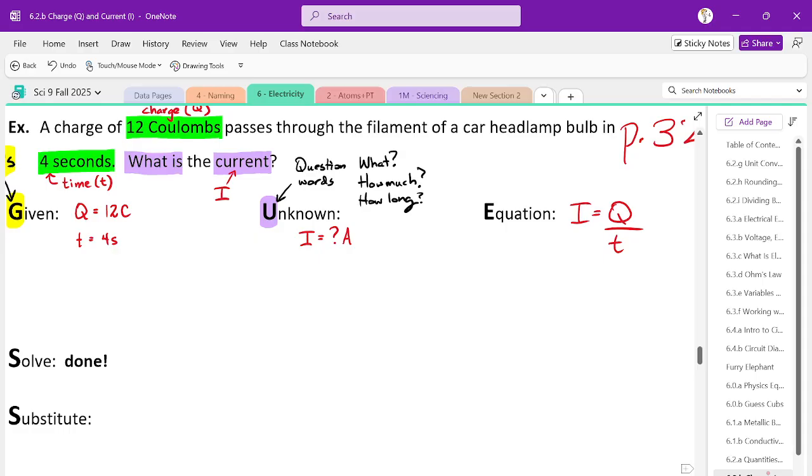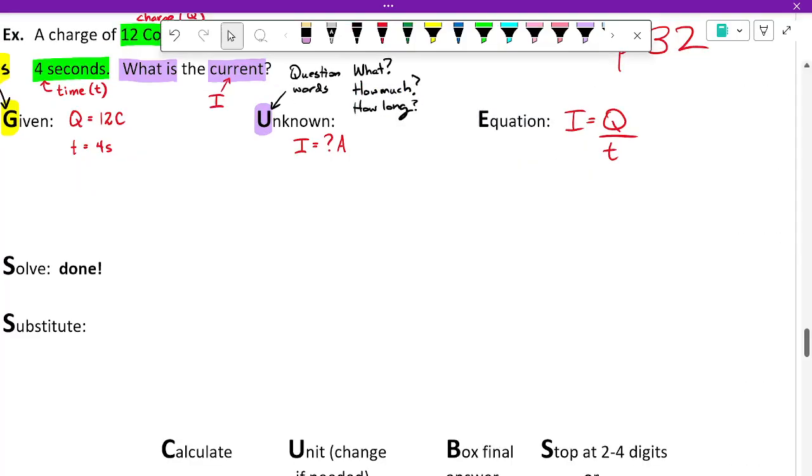Now, if we want to solve, that means we want the unknown by itself on the left.